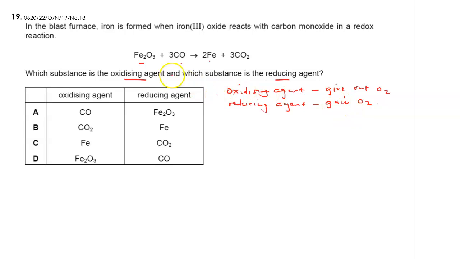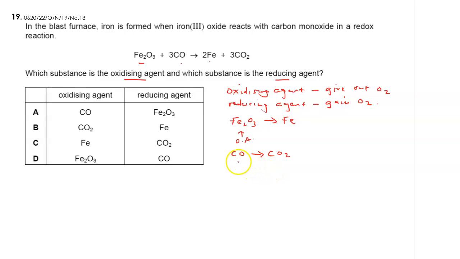So in this case, you can notice that iron(III) oxide has given out its oxygen and has been converted to iron, right? So that means that iron(III) oxide is the oxidizing agent. Okay, and carbon monoxide has gained an oxygen and has been converted to carbon dioxide.